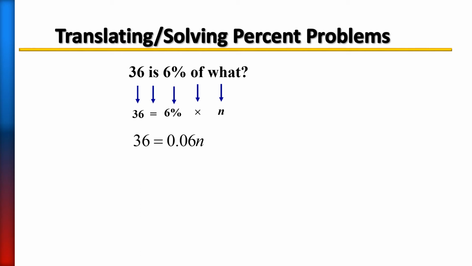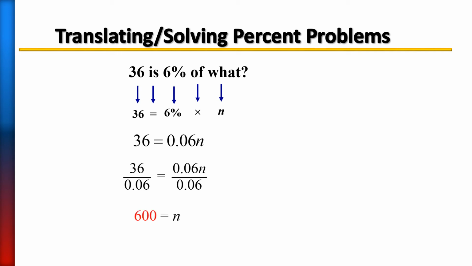Next step to solving this equation, we're going to do what? Yes, we need to divide by 0.06. Whatever you do to one side, you must do to the other. Now use your calculator to divide. 36 divided by 0.06.